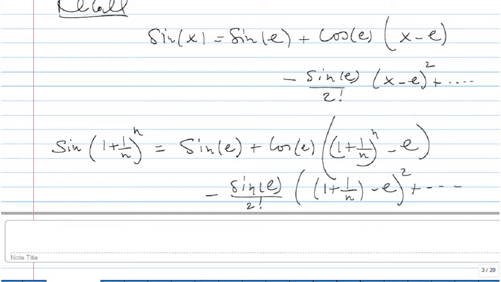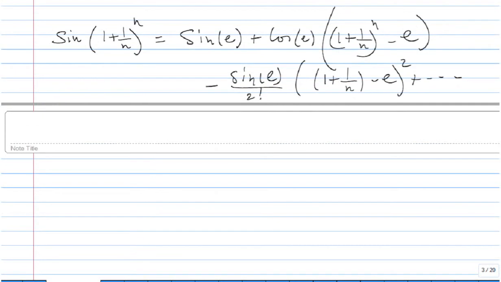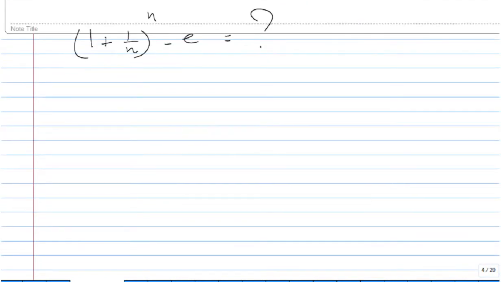So now we are down to seeing what (1 plus 1 over n) to the power n is, which we know converges to e. For that we can use the binomial formula, but let's use e and ln for the sake of it.